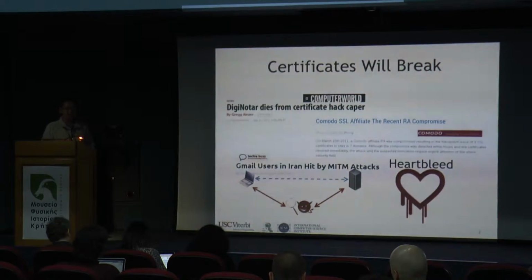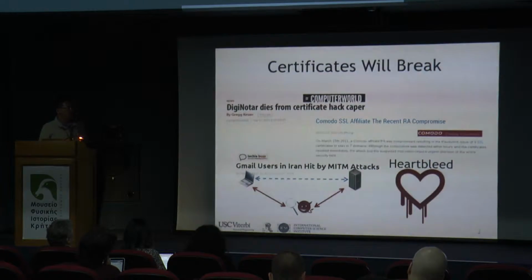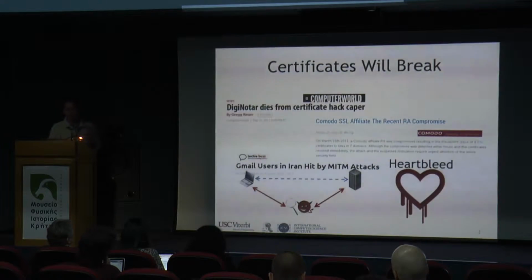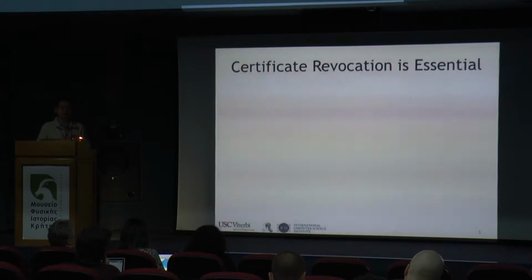However, certificate compromise happens in the real world, and people's information and personal data can be stolen because a certificate can actually be compromised. The Heartbleed event, for example, caused a lot of certificate compromises. So it's very important to do certificate revocation when a compromise happens.